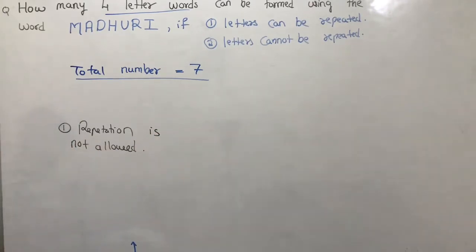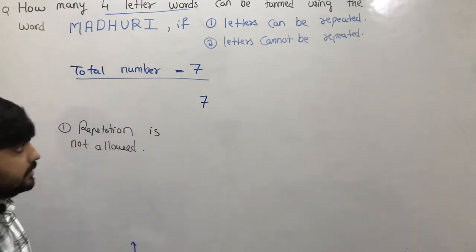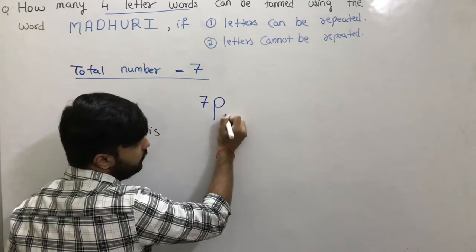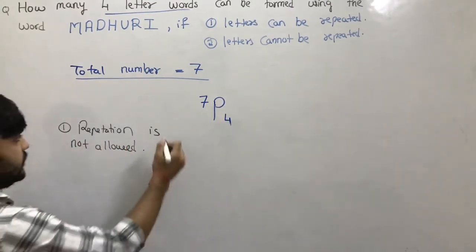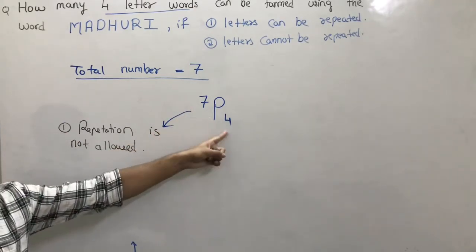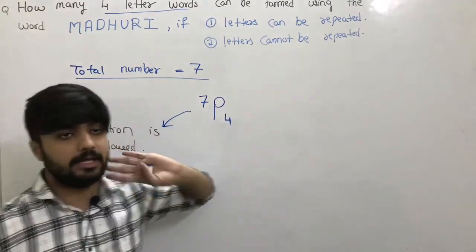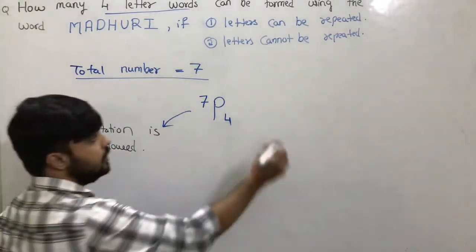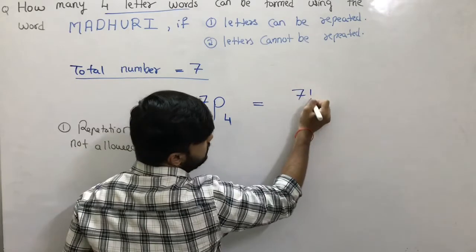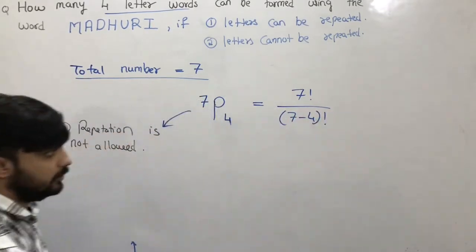Here we'll directly use the formula of permutation. 7 are the total letters and we have to form 4-letter words, and the condition is repetition is not allowed. So we can write 7P4, which is directly for letters that cannot be repeated. 7P4 is nothing but 7 factorial upon 7 minus 4 factorial.